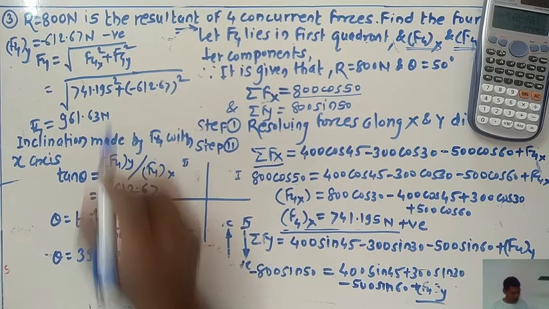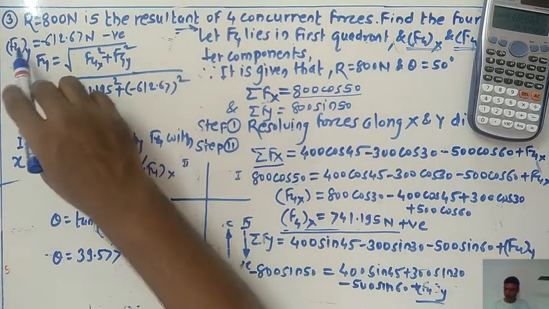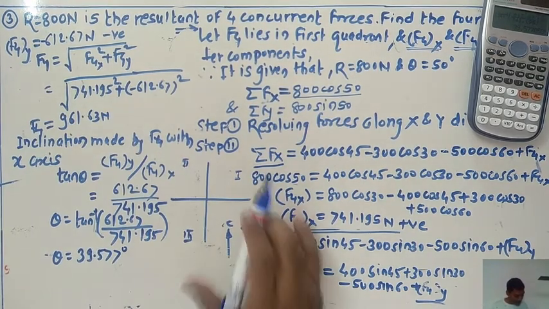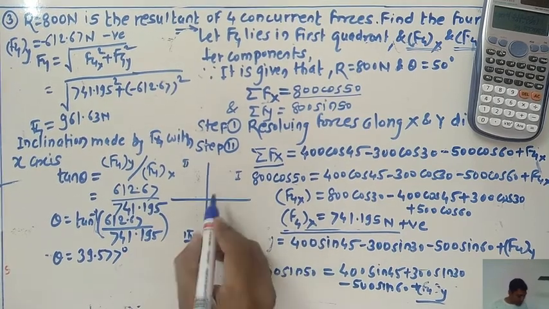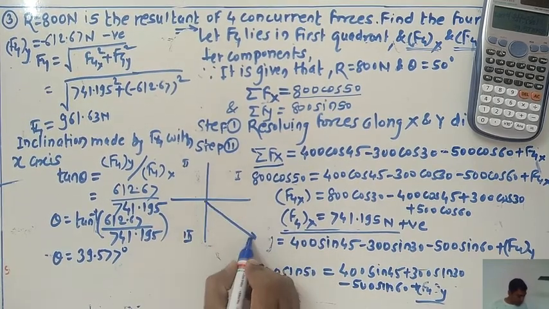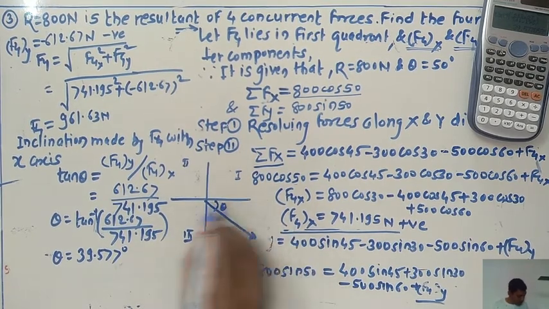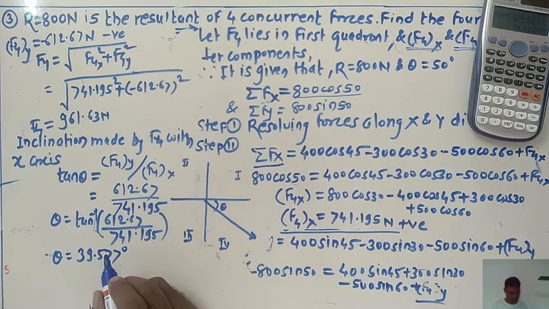When F4x is positive and F4y is negative, that force must lie in the fourth quadrant. Here the values of x are positive and values of y are negative. I hope this concept is clear to you.